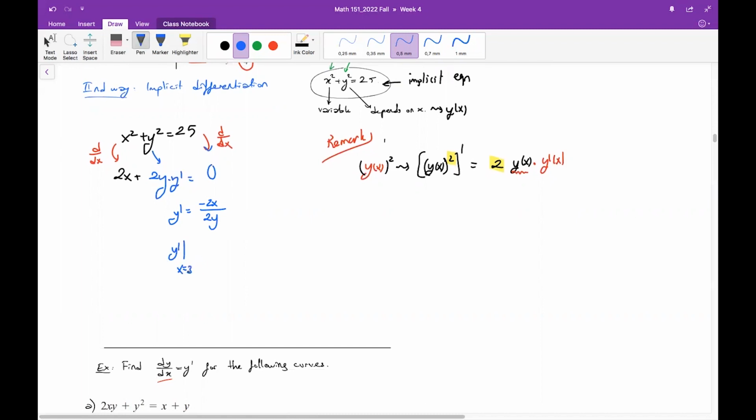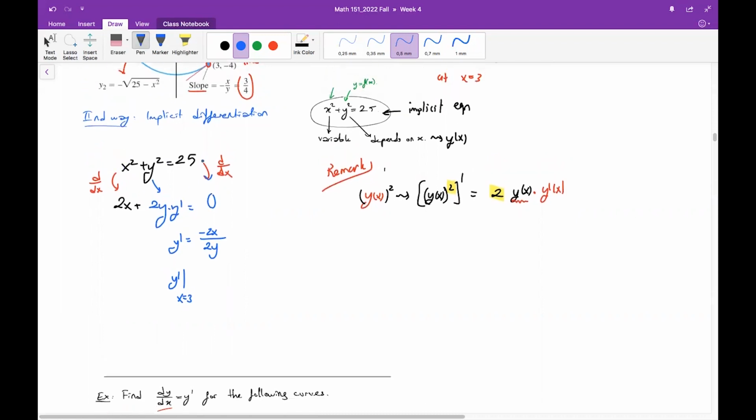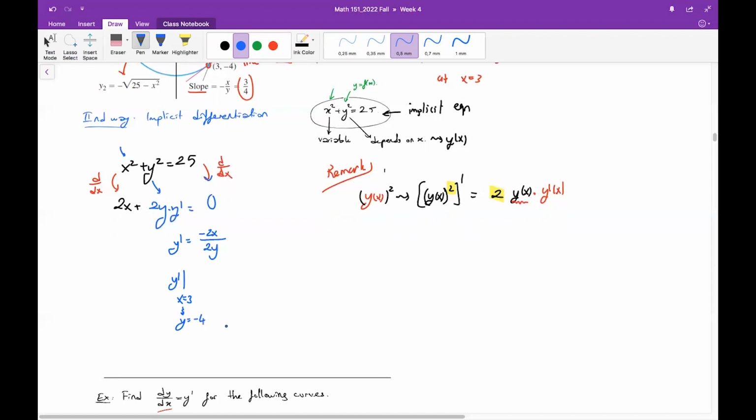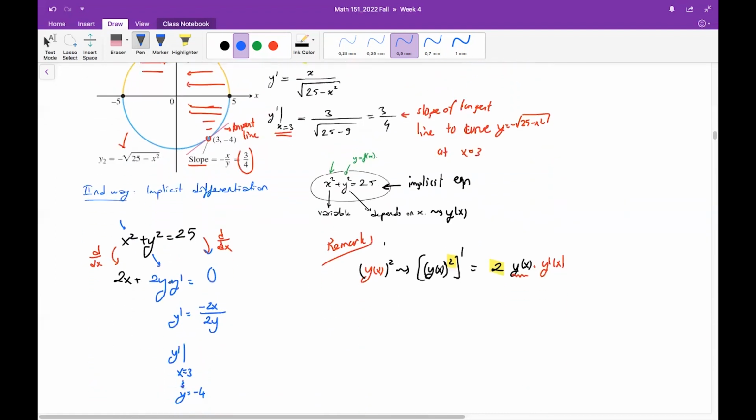If x equals 3, what is the y component of it? You can easily find it, you have this equation. If you insert x equals 3, you will find y equals what? Y equals minus 4. You are taking the minus. In fact, the point is given there.